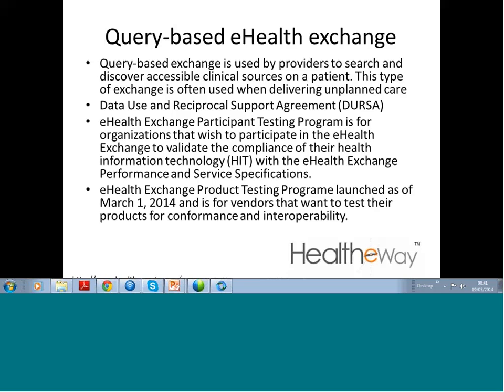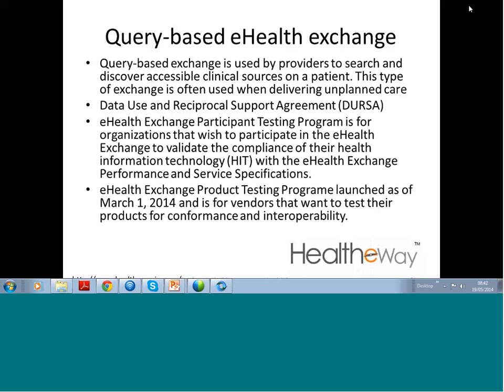Okay. So in the States now, you've got roughly 100 million patients who are covered by this query-based health exchange network of hospitals and medical groups that have agreed to data use and reciprocal support. They've launched an exchange product testing program very recently, March 2014.